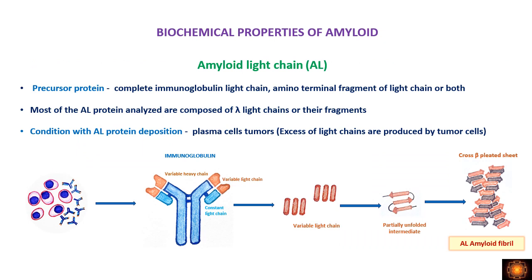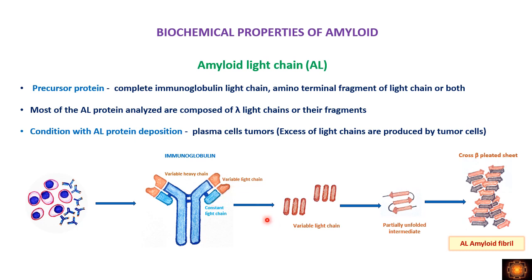Now we will see the individual ones. One of the major forms is amyloid light chain. For this the precursor protein is immunoglobulin light chain. Now if you remember the structure of immunoglobulin, it has a heavy chain and a light chain. Both heavy and light chains have a constant component and a variable component. In this amyloidosis we have either the terminal fragment of the light chain or the complete light chain deposited.